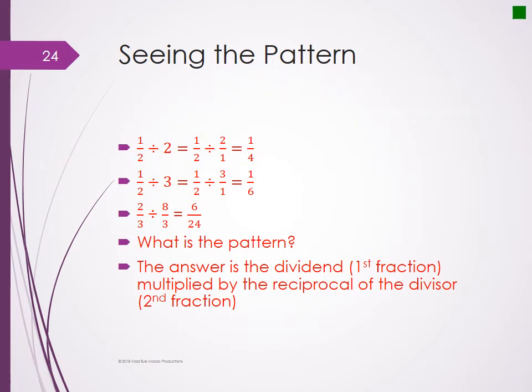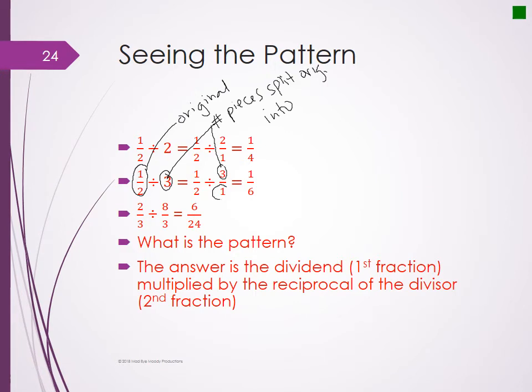Same thing with 1/2 divided by 3. The 1/2, again, is my original amount. The 3 is the number of pieces or slices I split the original into, and that is this 3 as well.